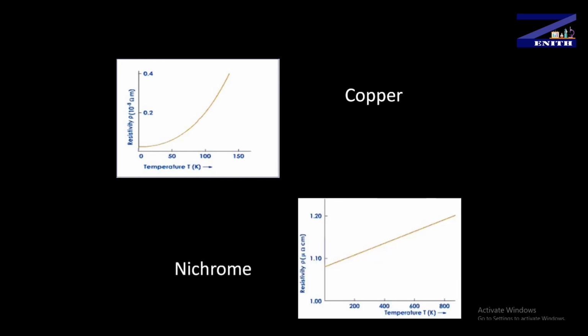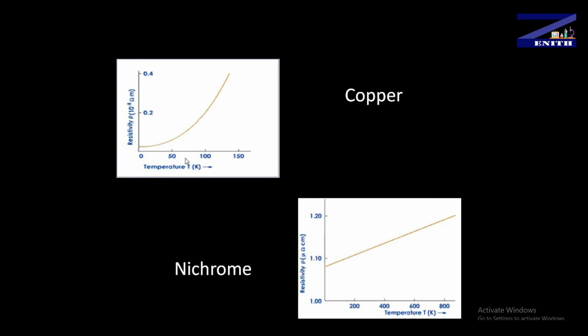Alloy, as we know, has high resistivity. So the resistivity of nichrome has weak temperature dependence. As we can see, at absolute zero, a pure metal has negligibly small resistivity, while an alloy or nichrome has a small residual resistivity, that is approximately 1.1.